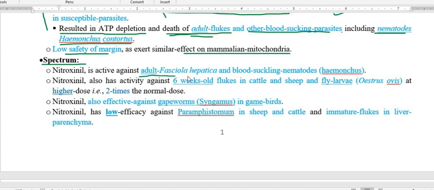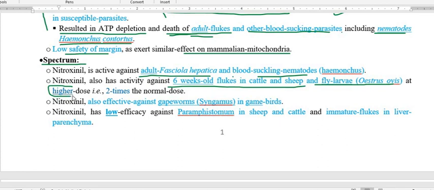Regarding the spectrum of activity of nitroxynil, as we mentioned, it is active against adult Fasciola hepatica and also blood-sucking nematodes like Haemonchus. Besides adult activity against Fasciola, nitroxynil is also active against 6-week-old flukes in cattle and sheep, as well as the fly larvae Oestrus ovis, at a higher dose.